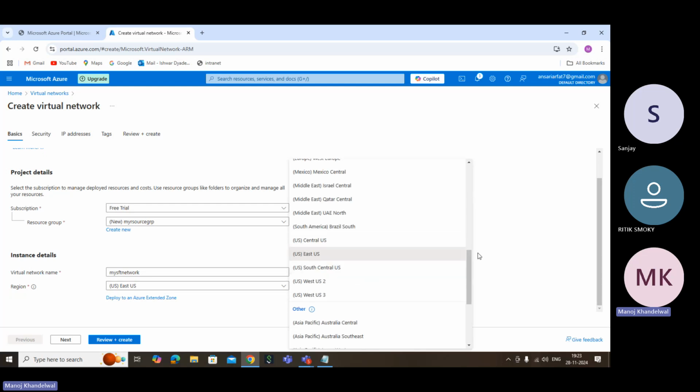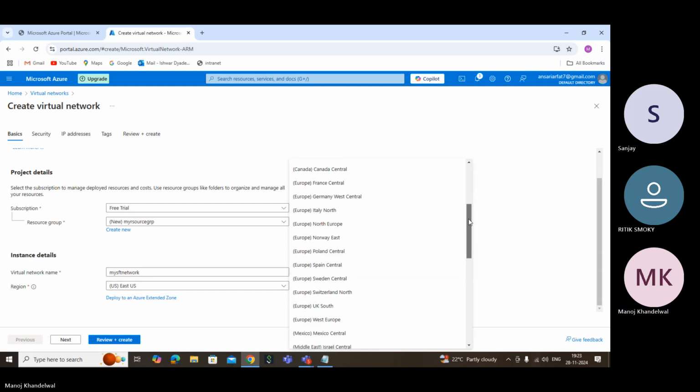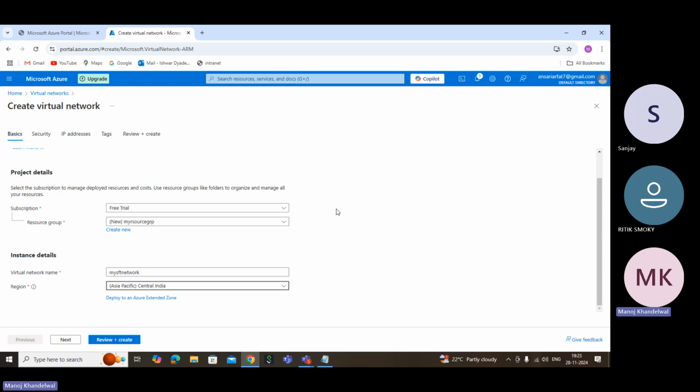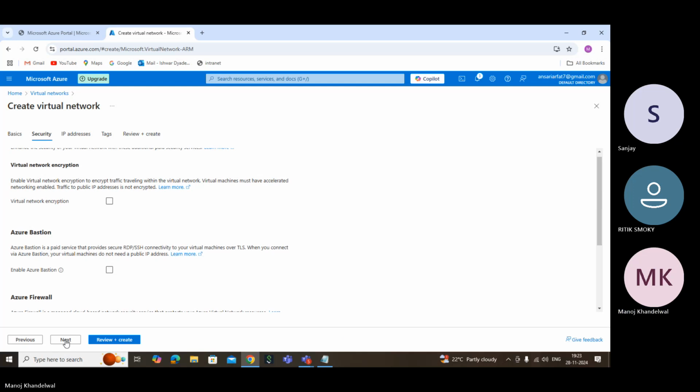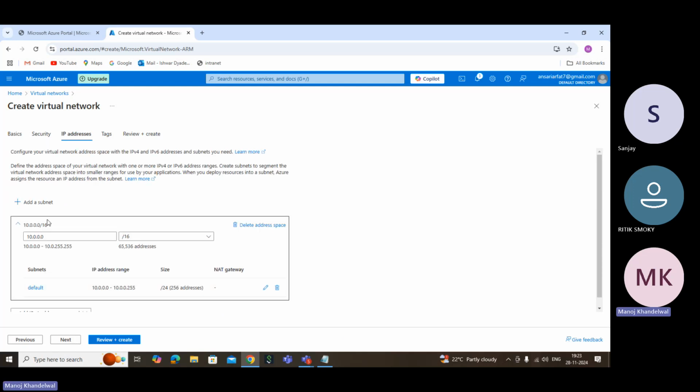Region, I'll choose India, Central India. Then next, some security. Actually, we will not give much attention to it. We will use the default here, and the IP address. See, look here.